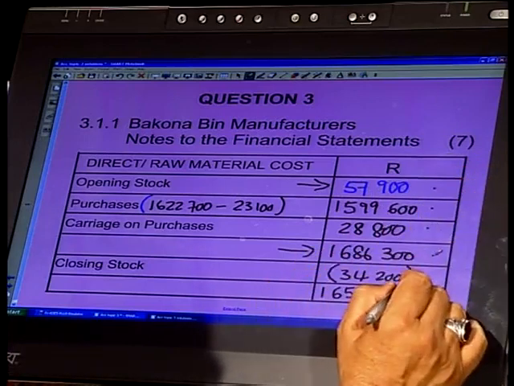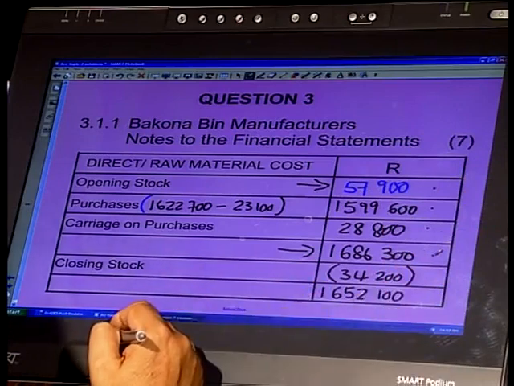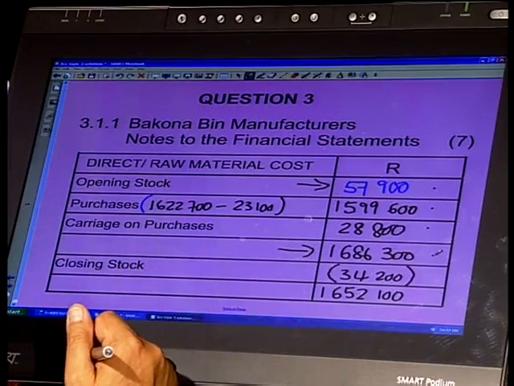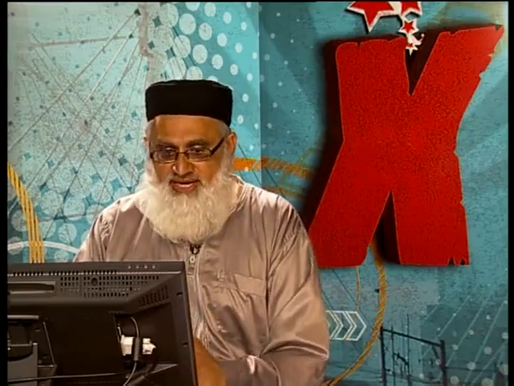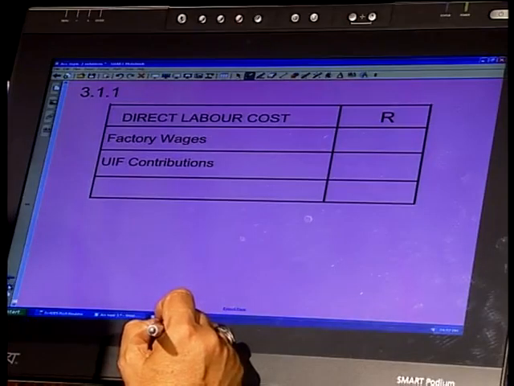I took that figure, which was a work-with figure. I worked up to that point. Remember, I added that plus that plus that to give me that figure. I subtracted that figure to give me the 1,652,100. Note number one is done, the direct materials cost.